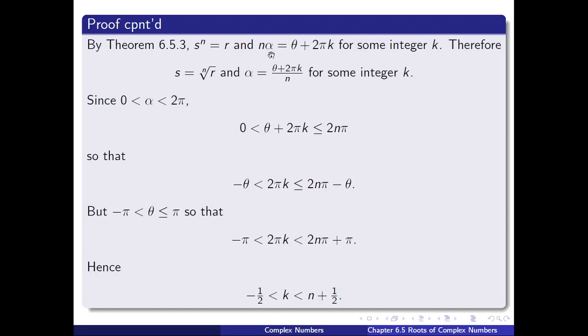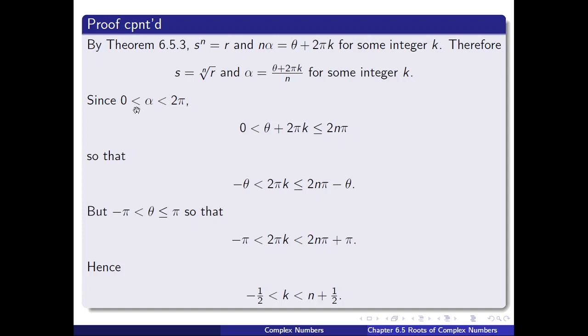Now by theorem 6.5.3, s^n has to be equal to r, and n alpha has to be equal to theta plus 2 pi k for some integer k. So therefore s will be the nth root of r, and if we take the n on that side, we get that alpha is equal to that.